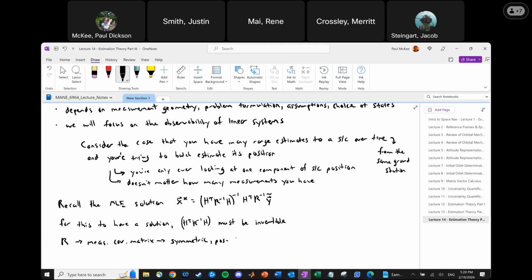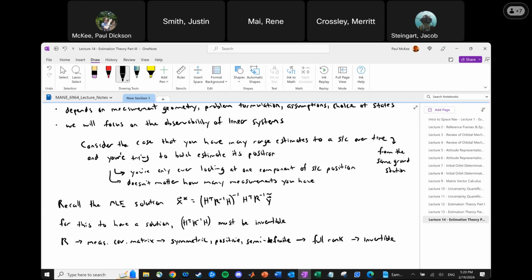And in my experience, it's usually a diagonal matrix. That means, by definition, that it is full rank and therefore invertible. So that is not the weakest link in the chain.